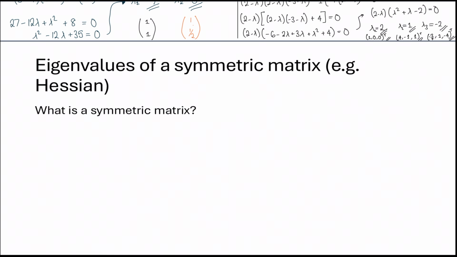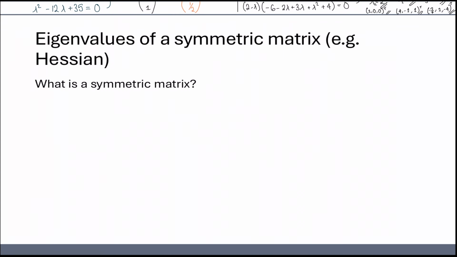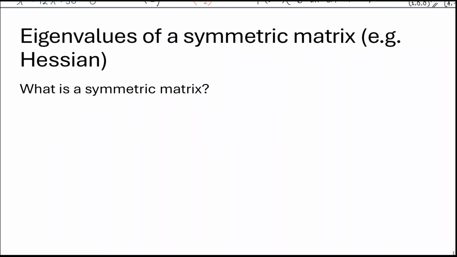Cool. Now, looking at the eigenvalues of a symmetric matrix, we should probably first understand what a symmetric matrix is. A matrix is symmetric if the matrix A is equal to the transpose of that matrix A. So let's say we had 5, 2, 7, 4. If we now transpose this matrix, we would get 5, 7, 2, 4.